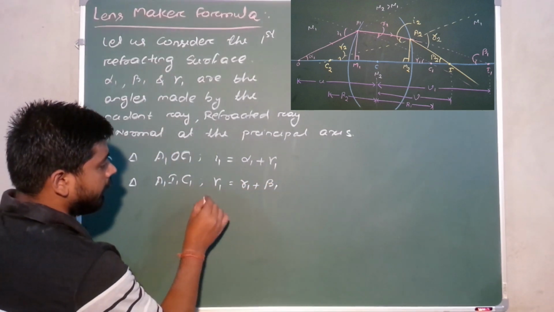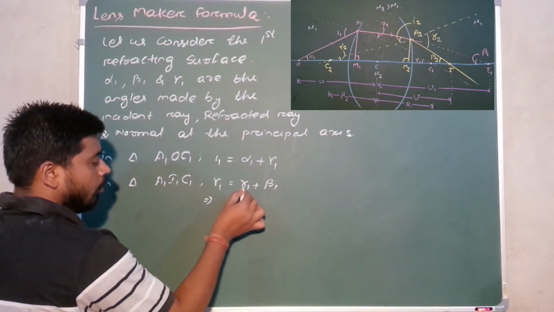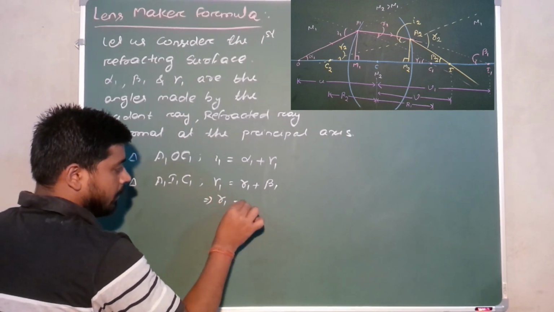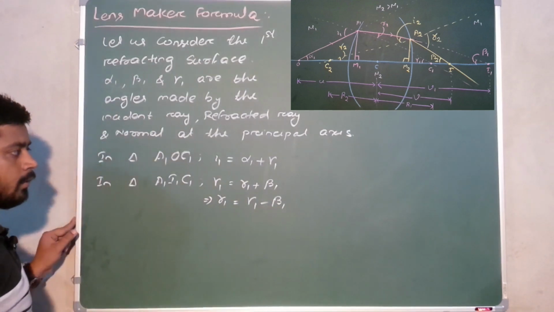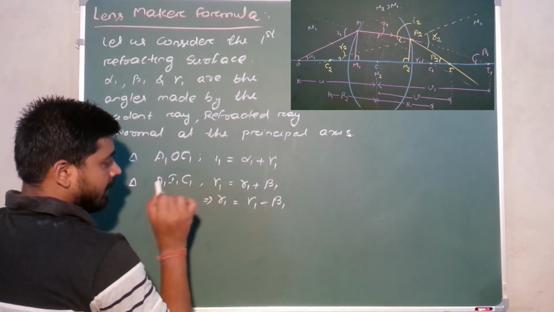Yes or no? That implies we can write here, we have to find the R1. So R1 equal to gamma 1 minus beta 1. Yes or no? So we find out I1 and R1.